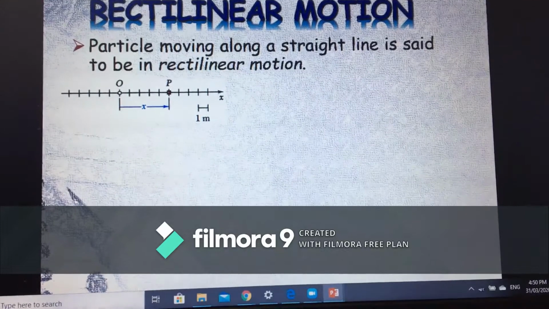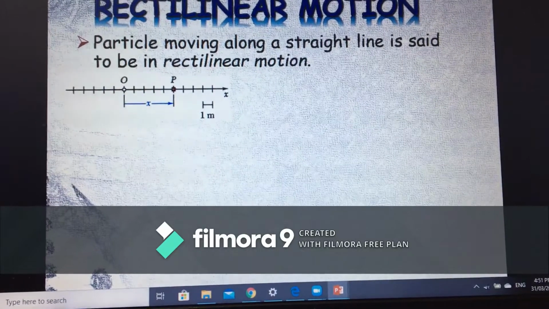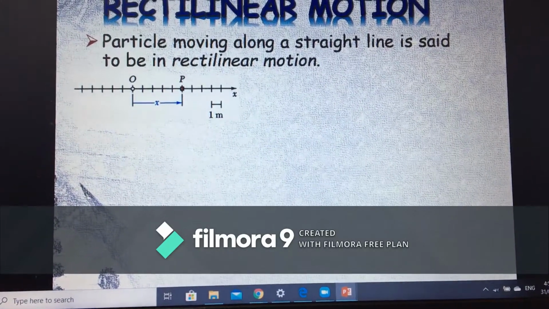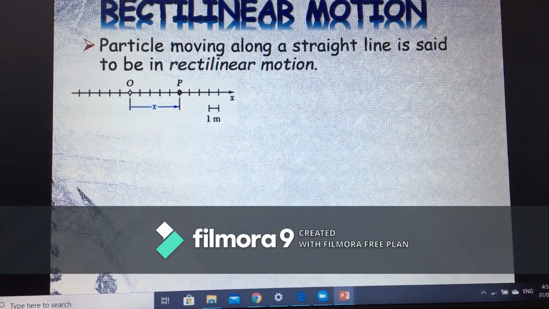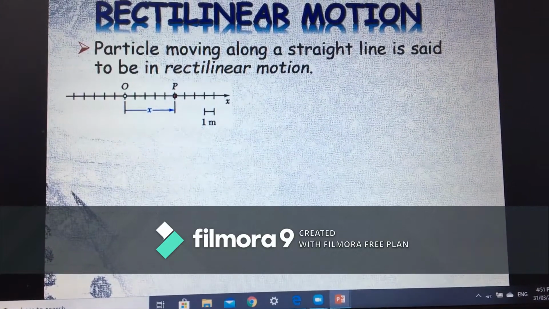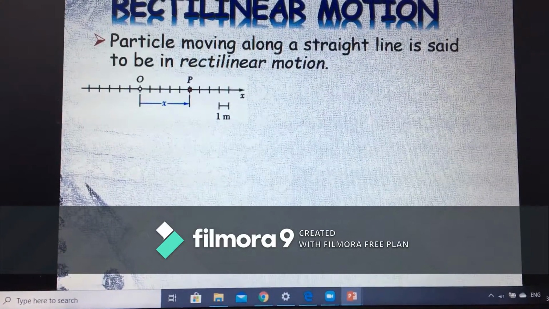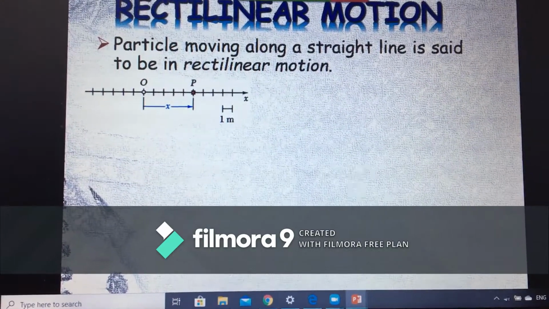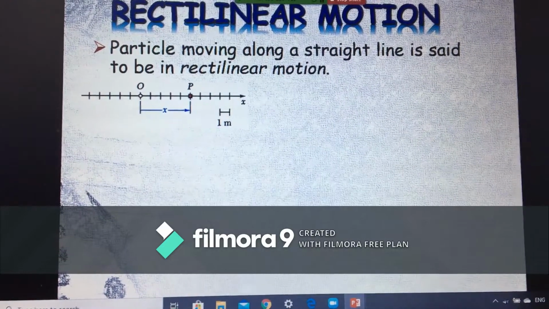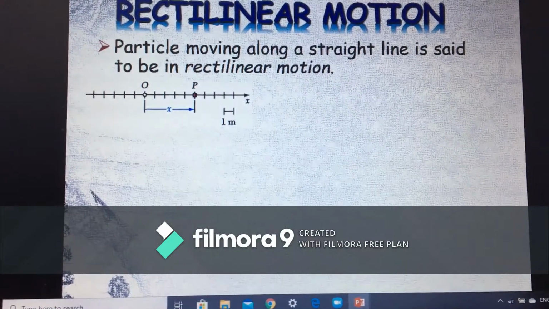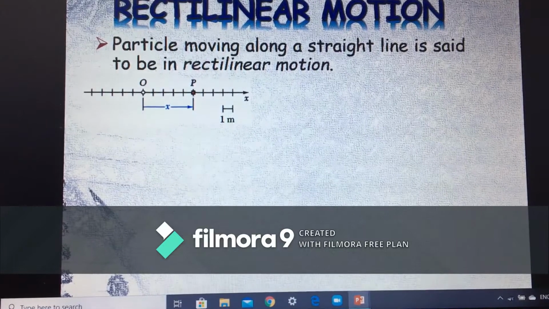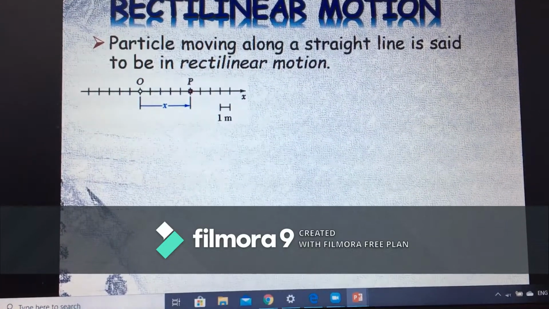Particle, and remember that it doesn't matter what size it is, right? So now we are talking of a particle moving along a straight line. If a particle is moving along a straight line, we call the motion rectilinear motion.